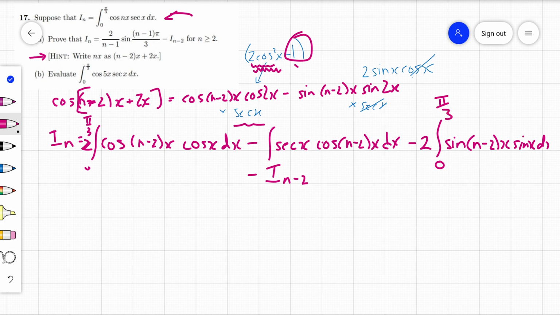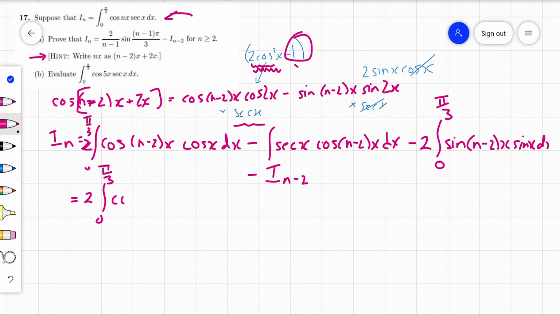Alright, so you note that this is nice because both the first and the third term have 2 out the front, and they both have the same angles, the n minus 2x and the x. So we can put them back together because it's a cos minus a sine. We know that comes from a cos of the first angle plus the second angle.